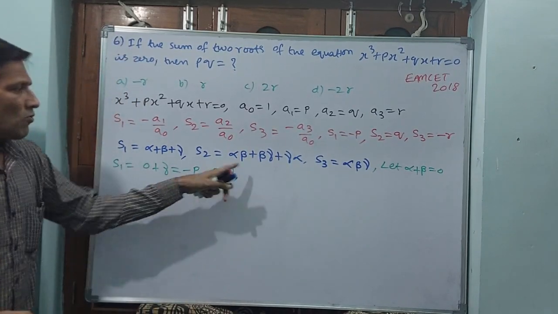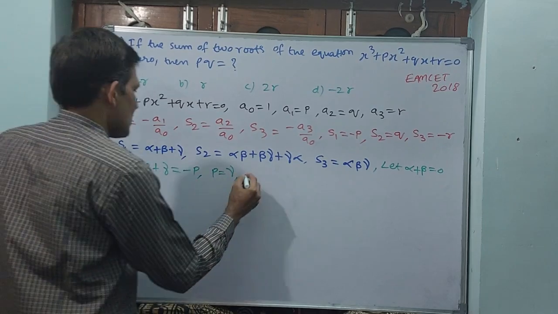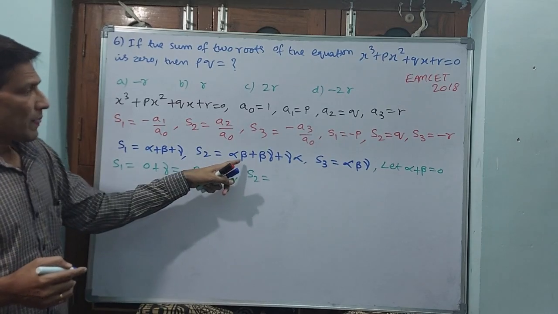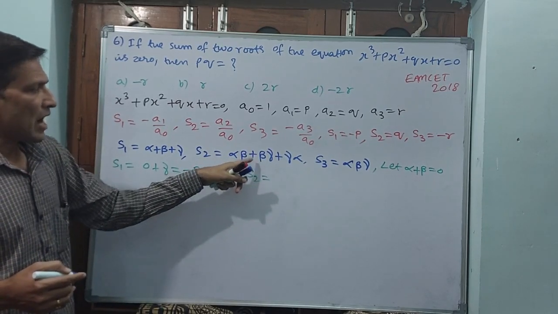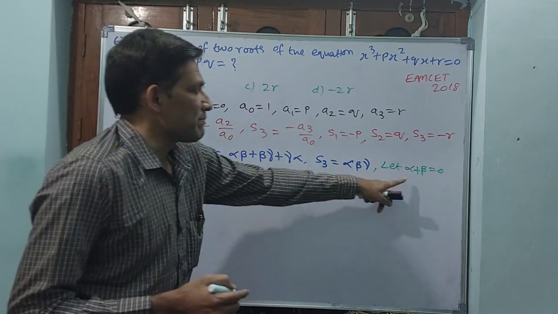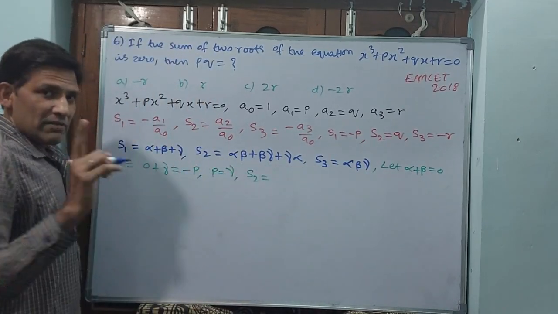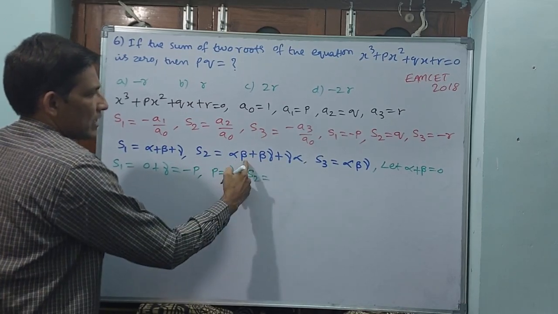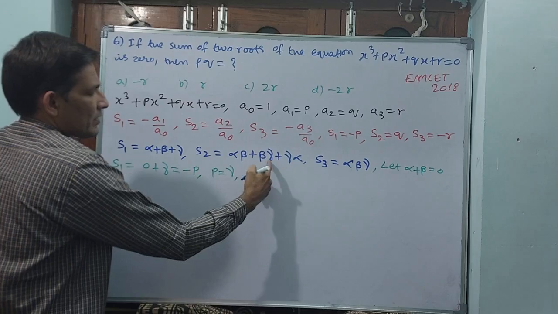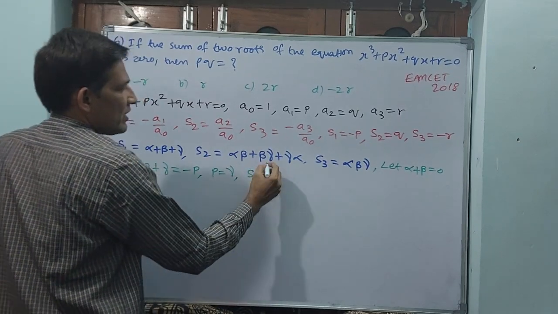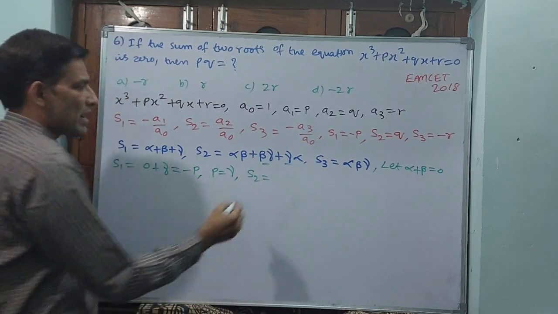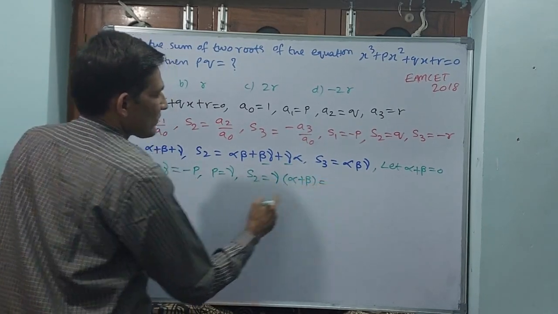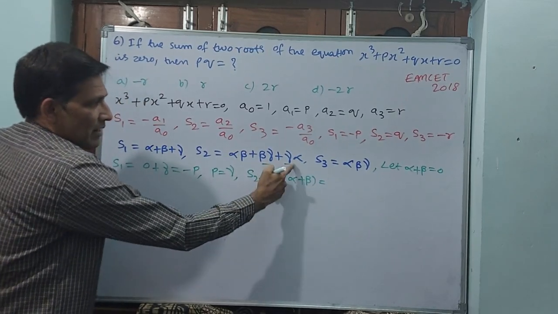Now go for S2 also. S2 is equal to alpha beta plus beta gamma plus gamma alpha, where alpha plus beta is 0. Shall I take gamma common? If I take gamma common, then alpha plus beta, times gamma, plus alpha beta.